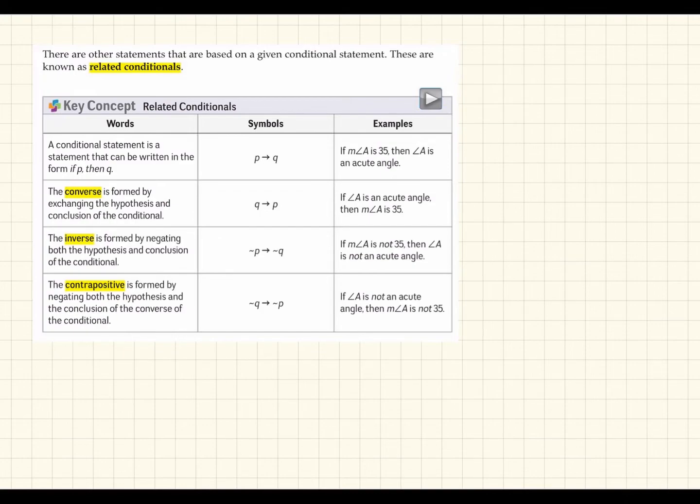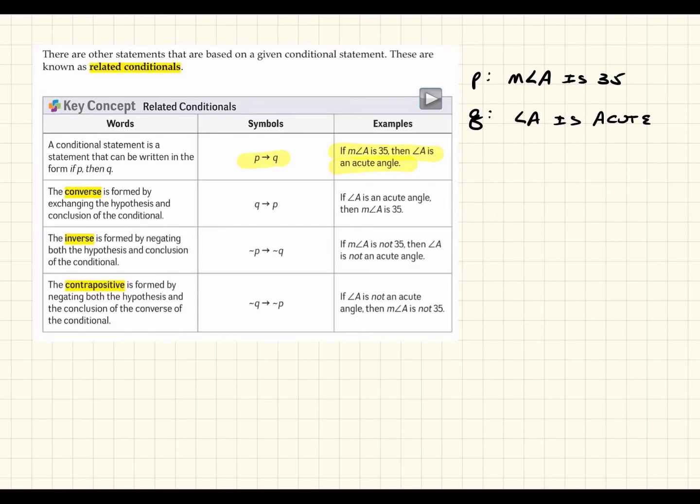In the chart, I have two statements. Statement P reads: the measure of angle A is 35.